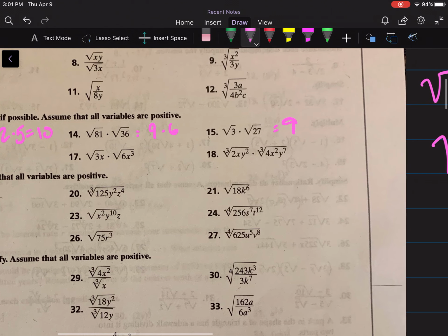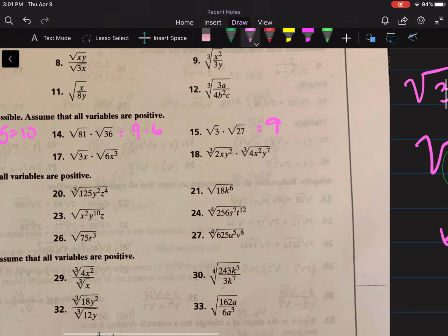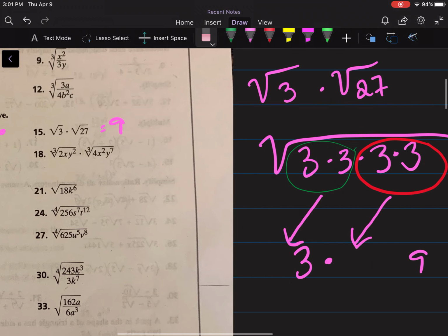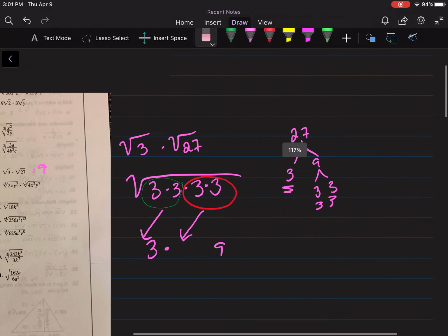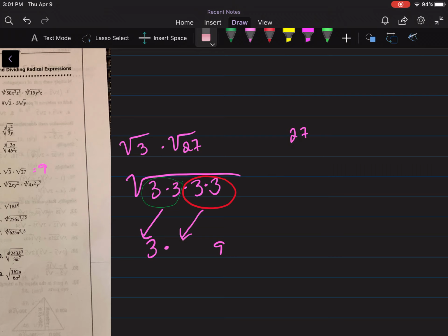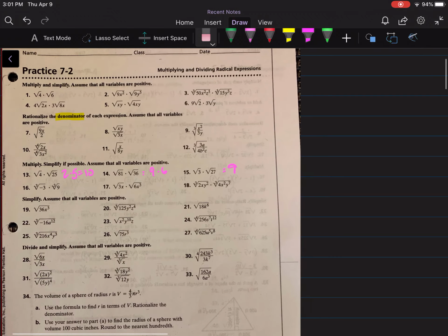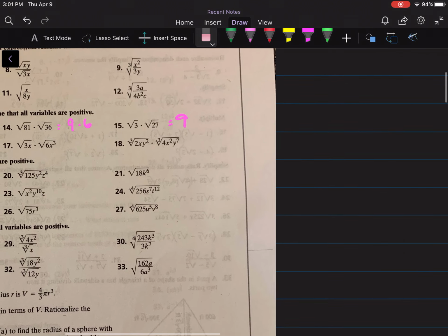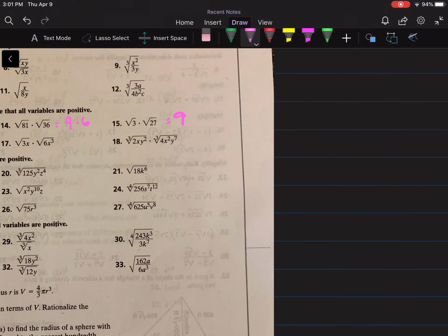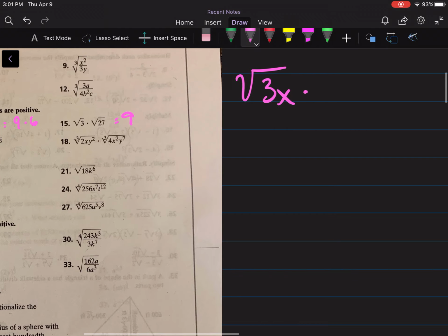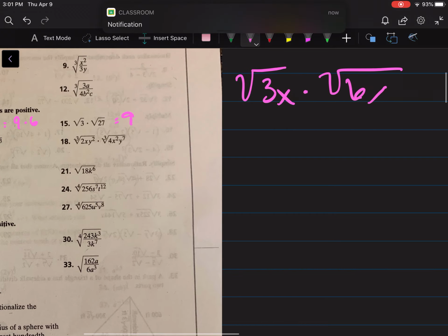Going to look at 17 with you. Oh, sorry. Let me erase all this nonsense really fast. You can go ahead and do 16 and 18 on your own, but I'll do 17 with you. We have root 3x times root 6x to the third.